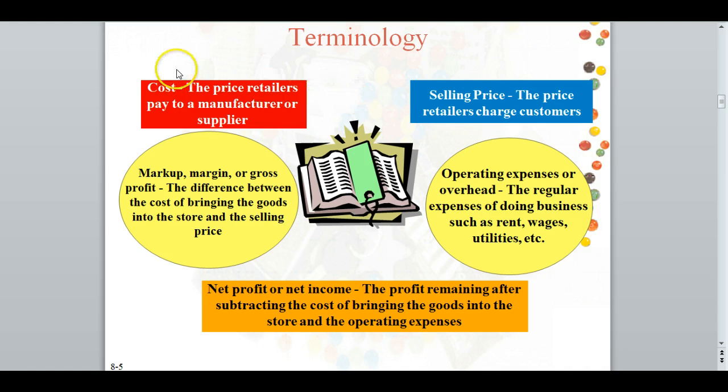So the cost is referring to the price that retailers pay to the manufacturer or suppliers. So you're a company that sells pins. The cost that we're talking about here would be the cost that you incur from purchasing them from another company.